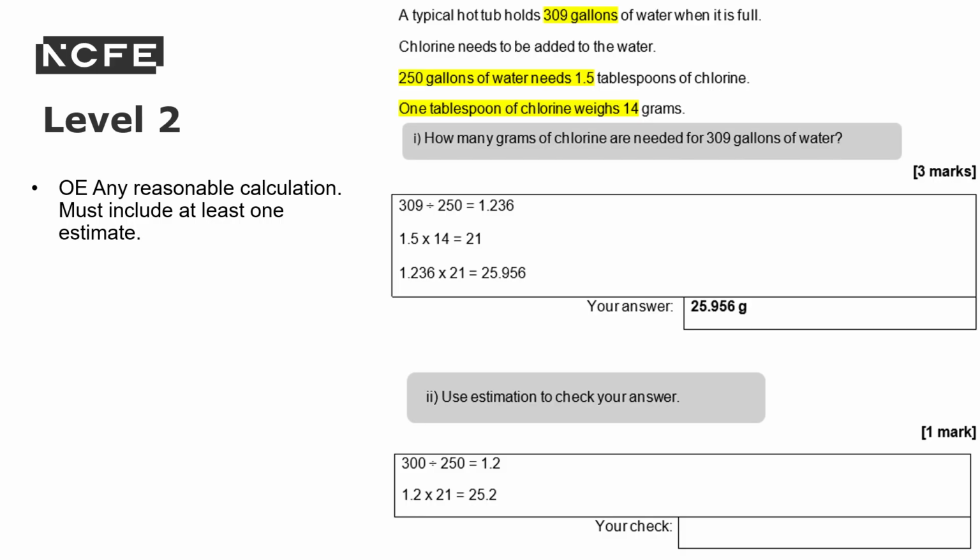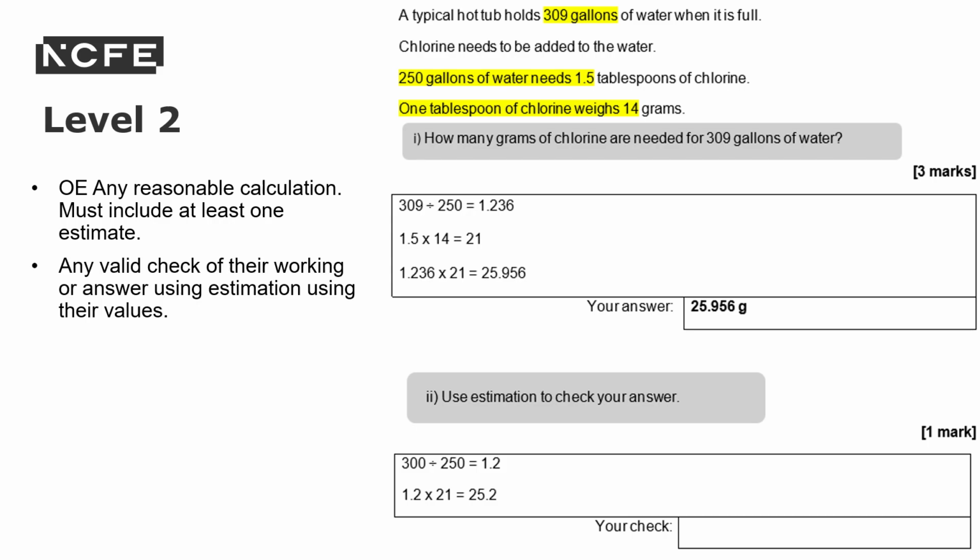That would be 1. Times, instead of 21, we could have said, well, we'll round that to the nearest 10, times 20. So it could have been 1 times 20. There's various different estimations that could be calculated, providing it's a sensible check of the answer.